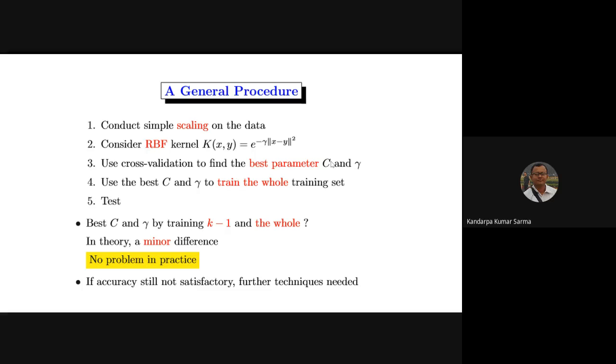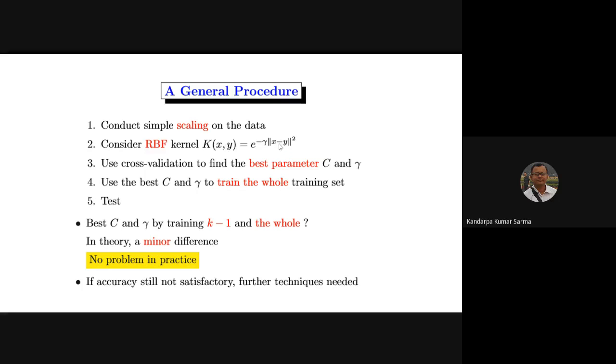Now, a general procedure can be: you can conduct a simple scaling of the data. Then you can take the radial basis function defined by K of x, y, taking the value of e raised to the power minus gamma times the norm of x minus y squared.